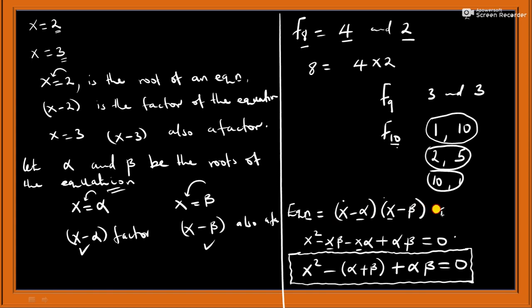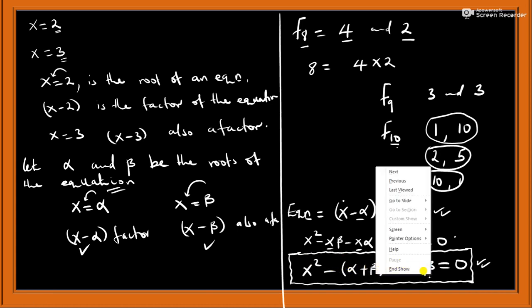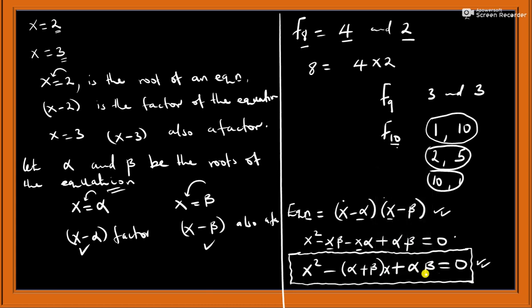After multiplying and simplifying, we have got this. So this tells us something: in x squared minus (alpha plus beta) x plus alpha beta equals 0, alpha plus beta is the sum of the roots, and alpha beta is the product of the roots.